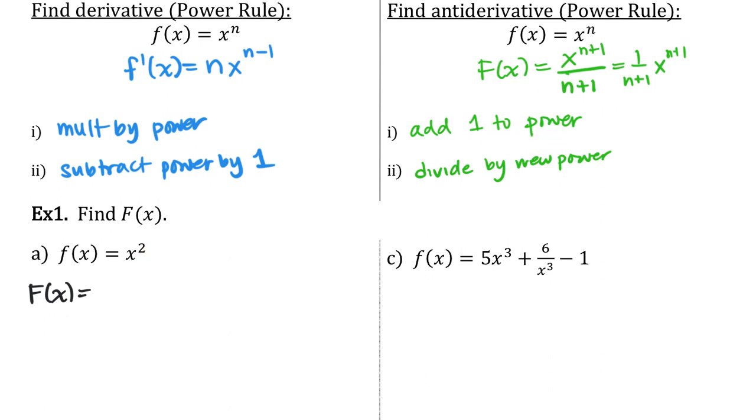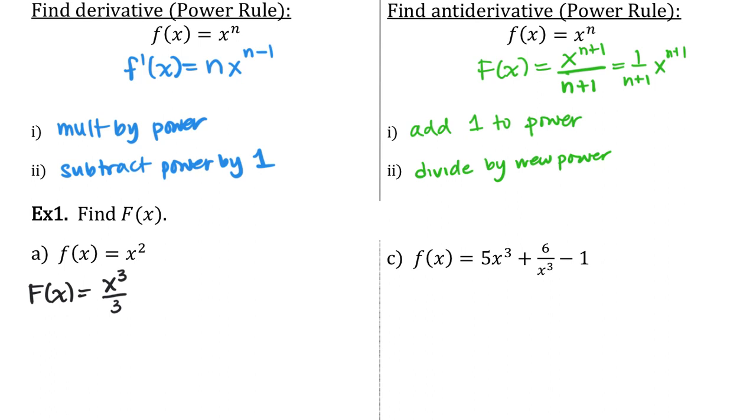So instead of x squared, I'm going to make this x to the third. I'm going to divide by the new power. My new power is 3, so I'm going to divide by 3. Now let me look at this and see if this makes sense. If I take the derivative of this, I bring down the 3, and it cancels with this, and then I lower it to x squared. So this matches with this.